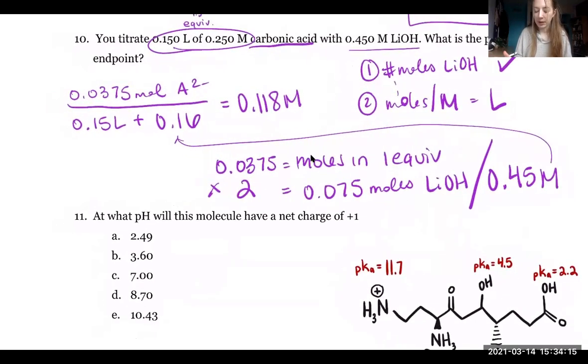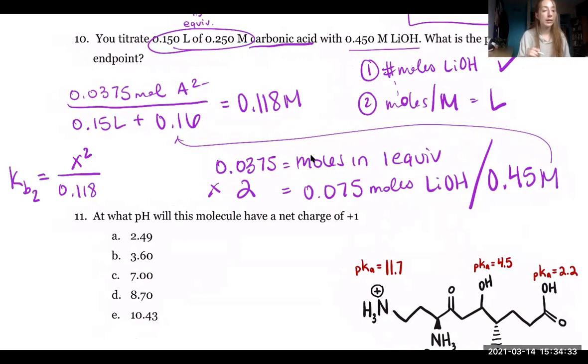And where do we go from here? All this is now is a weak base calculation. So we're going to do Kb2 equals x squared over the initial, which is 0.118, and we're going to do this regular weak base calculation per normal.